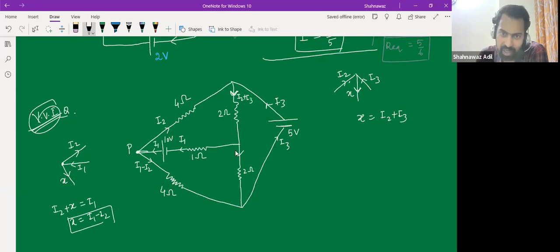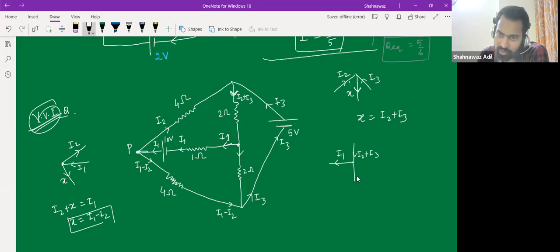Okay. And in here I3 is coming. This is I1, I1 is coming. And in here, this is I1 minus I2, right? This is I3. This is I2 plus I3. This is I1. Let me draw the junction here. This is I1 and this is I2 plus I3.